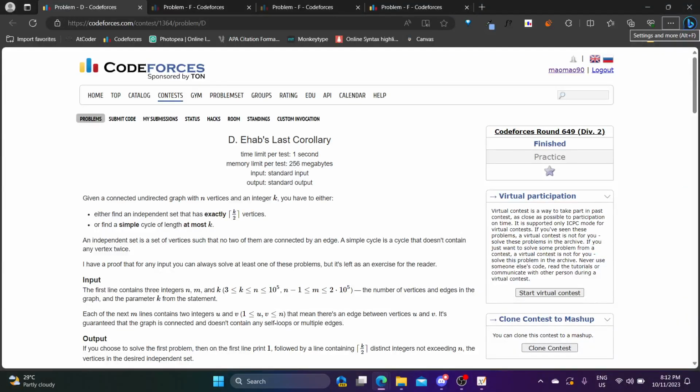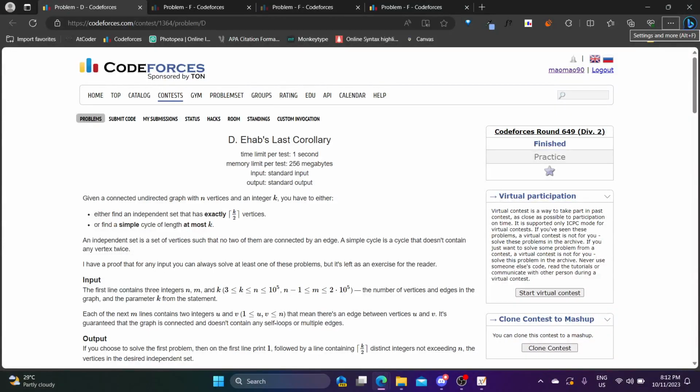Let's assume that we are able to find all cycles.